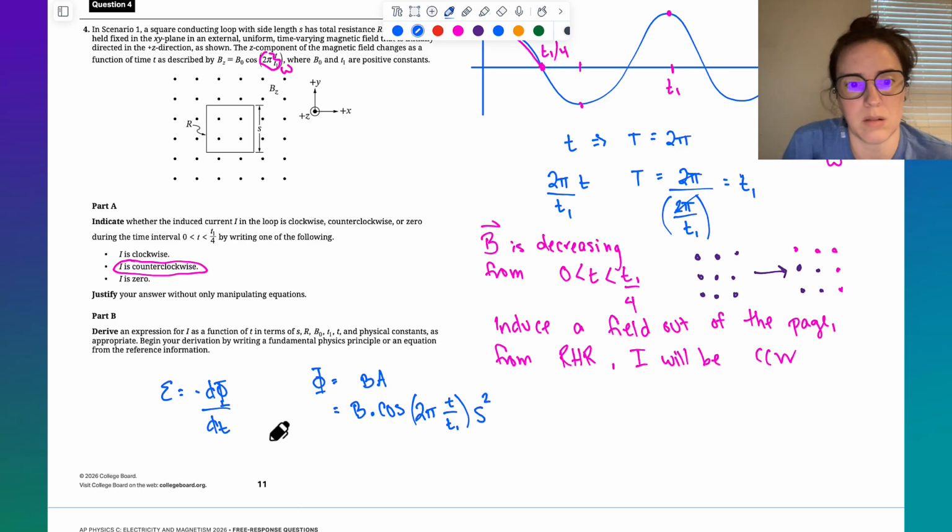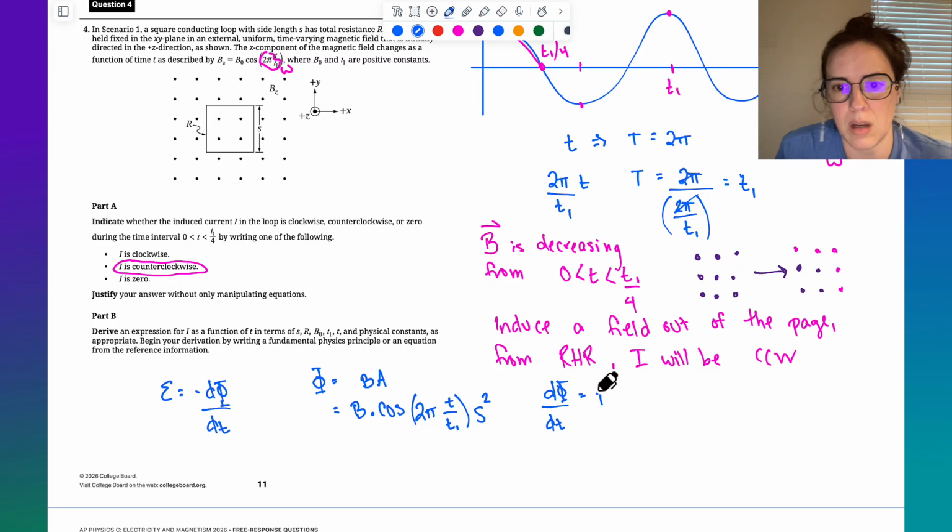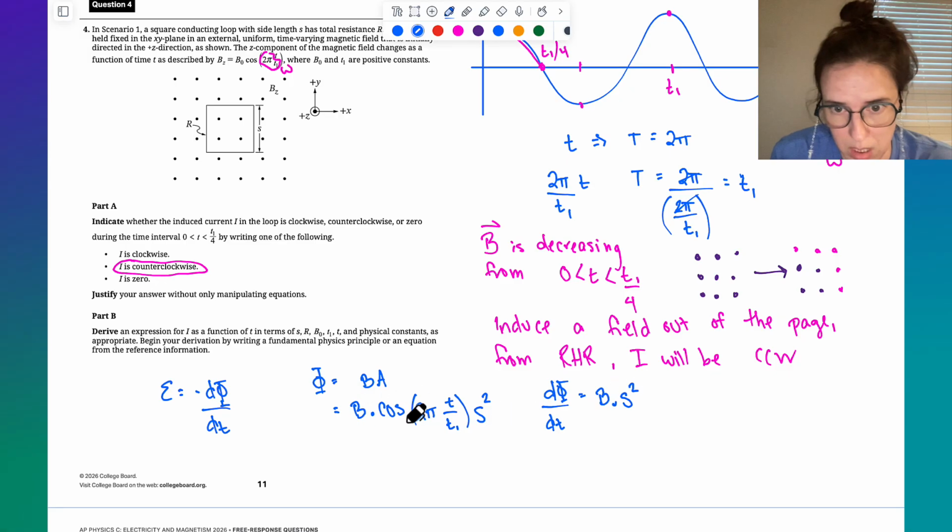So I need to take the derivative of my flux. So my d flux dt. So I'm taking the derivative of my flux with respect to time. So b naught and s squared are going to be constants. The derivative of cosine is a negative sine.